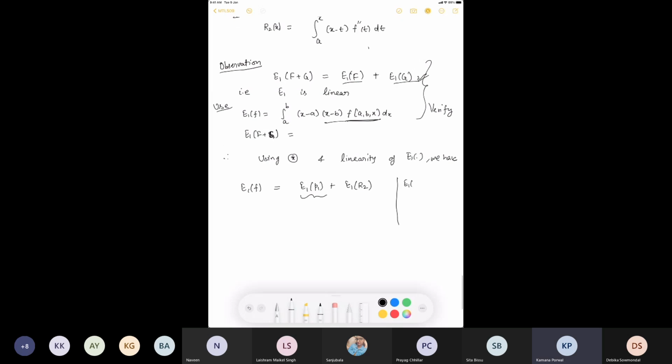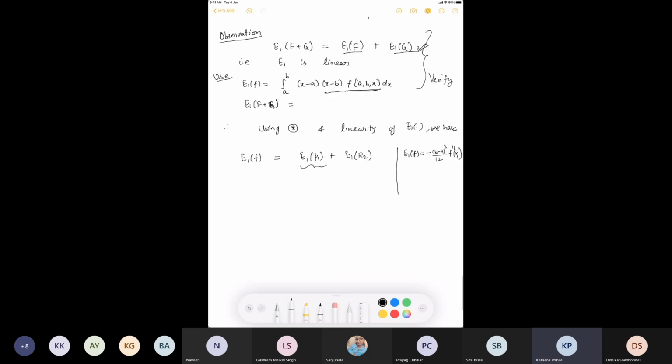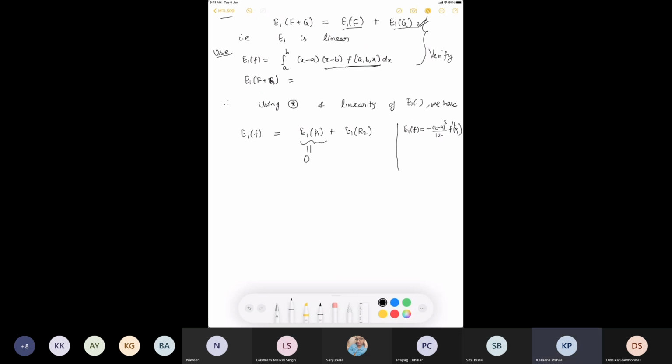The exact error formula which we obtained using the previous analysis is minus (b minus a) cubed divided by 12, f double prime evaluated at some eta. Right? This is the formula we used. So if you use that for P1, you will have the second derivative of P1, so this is going to be a zero quantity. Okay. So what we are left with is that E1 of f is nothing but E1 of R2.